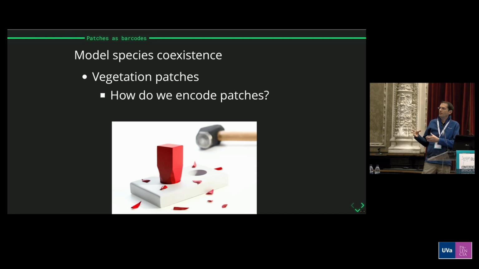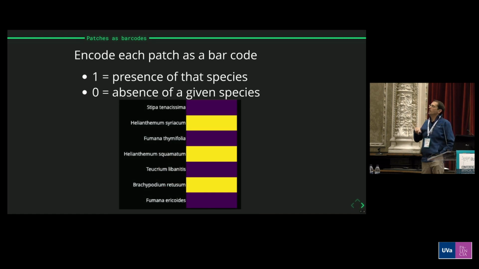Variational autoencoders are typically used on images, so it's like fitting a square peg into a round hole. What we did, and this was my colleague's idea, is to encode each patch, which is a combination of plants, as a barcode. And the bar is either 0 or 1, depending on whether that species is present in that patch.